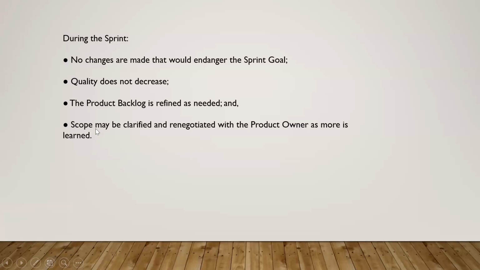If the product backlog has to be refined, then the product owner is the one with whom we have to renegotiate, not only the developers but also the stakeholders or customers. The whole thing can be changed, or a few things in the product backlog can be refined upon consultation with the product owner. That's what happens during the sprint.